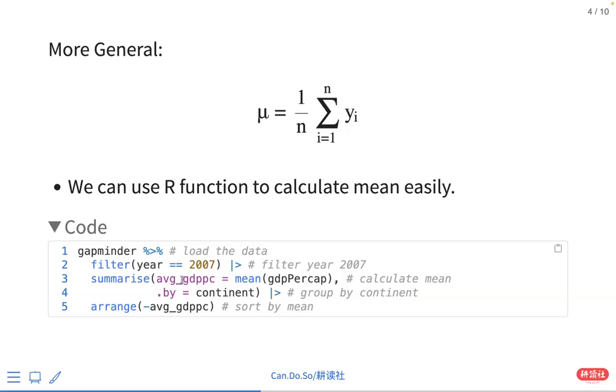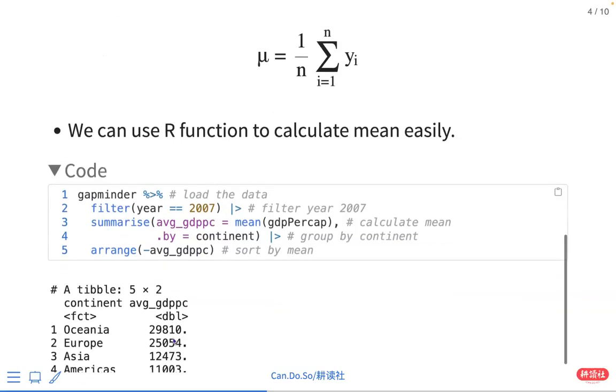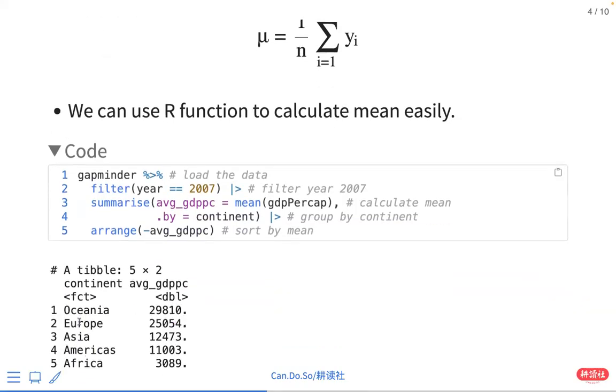So we use the average GDP per capita, with mean, the function to get the average of the data, and we arrange it from high to low. So this is the average GDP per capita of the 5 continents. This is the mean function in R.